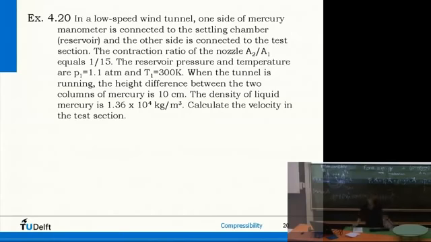And we're looking for the velocity in the test section, so V2. So we can rework this: a half rho V2 squared is equal to P1 minus P2 plus a half rho V1 squared.